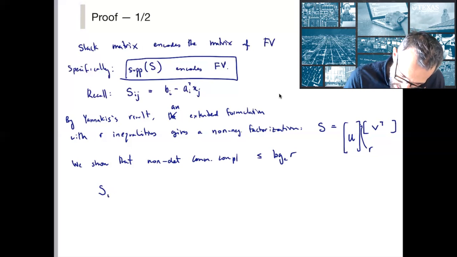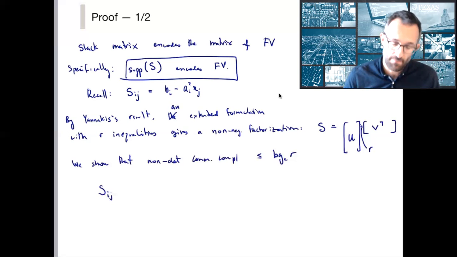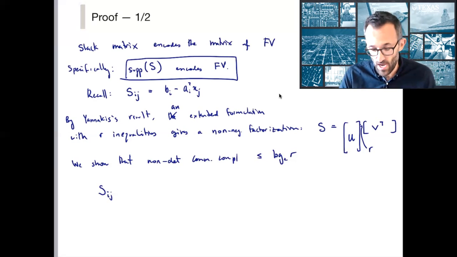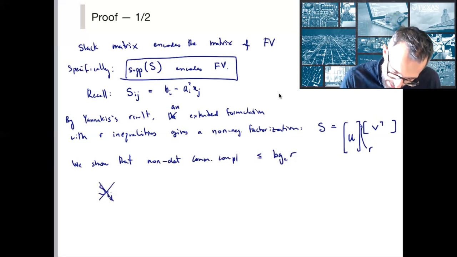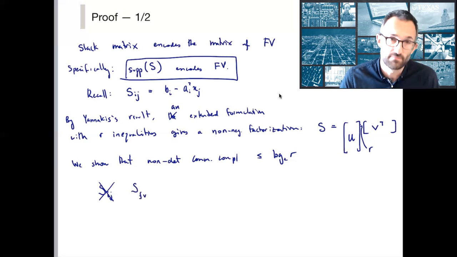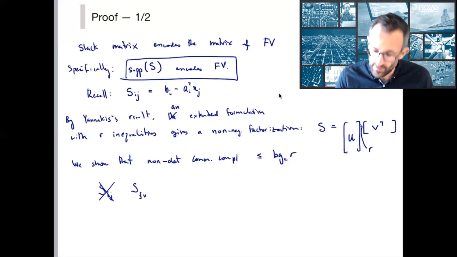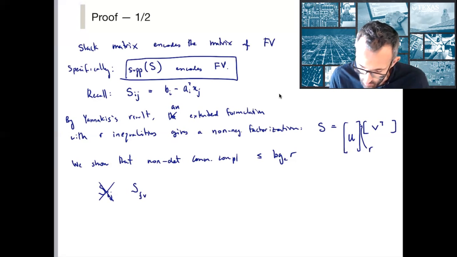So remember that the ij component, as I've written it above, is face i, extreme point, vertex j. So instead, let me change my notation to help us remember that a little bit more by writing S of fv. And we can see what S of fv is going to be just looking over here.